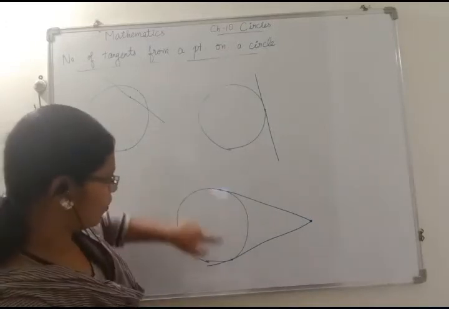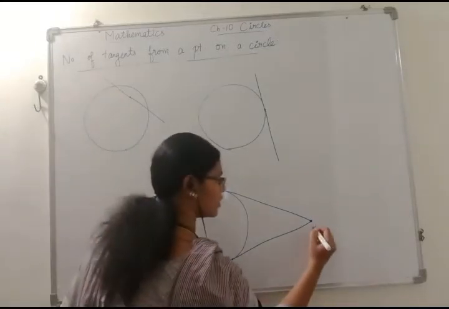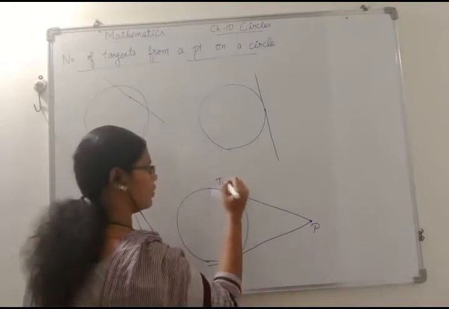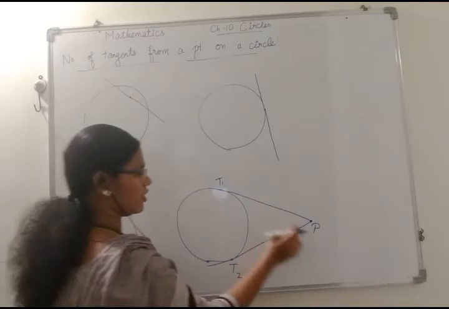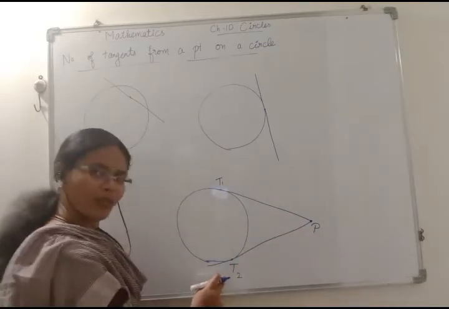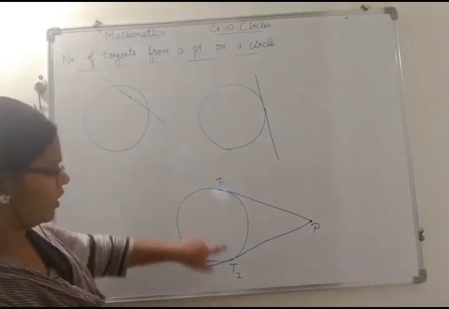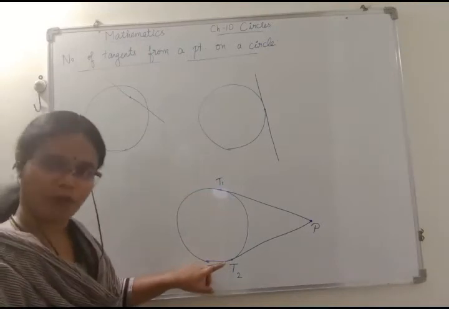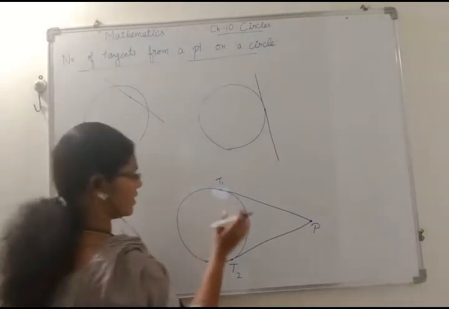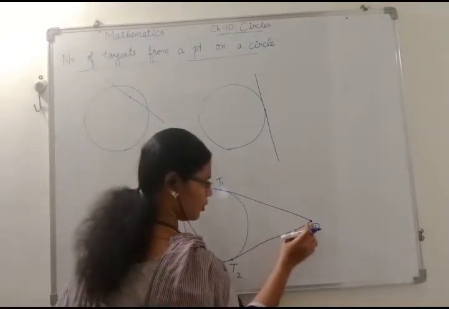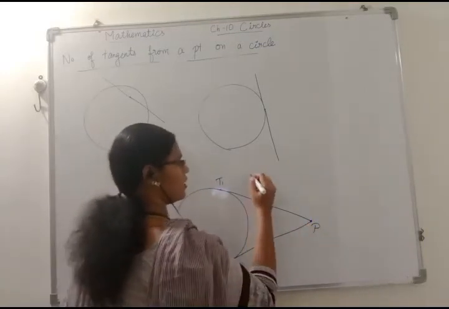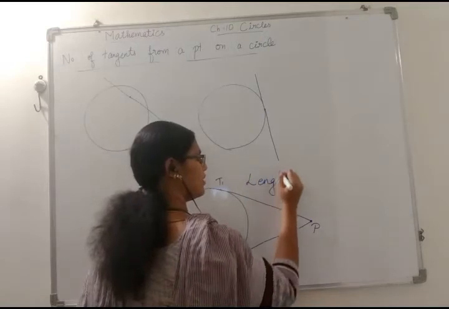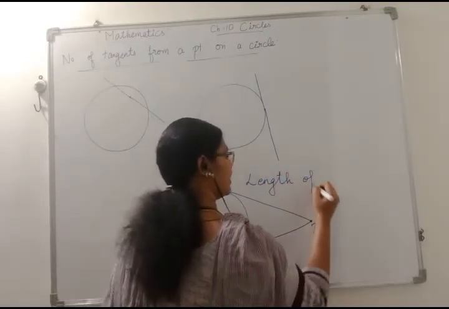So, we will have 2 points of contact. Let's take this to be P. This will be T1 and this will be T2. T1P is a tangent. T2P is also a tangent. Here also T1 and T2 are called the points of contact. The distance of T1P as well as T2P is called the length of tangent.